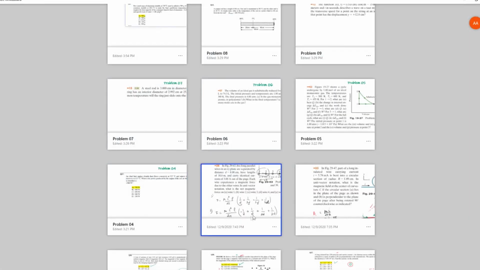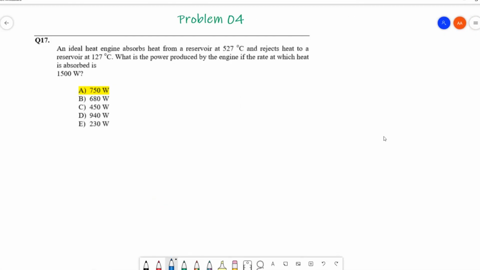Okay, so now problem number 4. In problem number 4, we will go to thermodynamics and we look at engines. We have an ideal heat engine which absorbs heat from a reservoir at 5 to 7 degrees and rejects heat to a reservoir at 127 degrees.